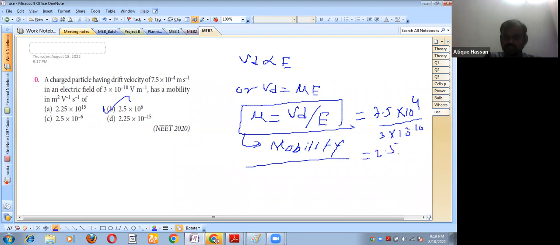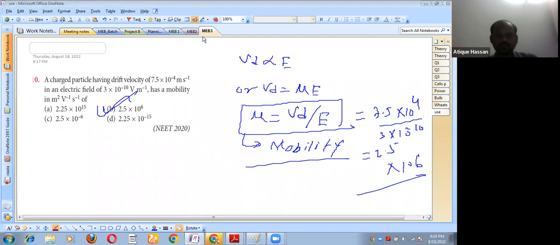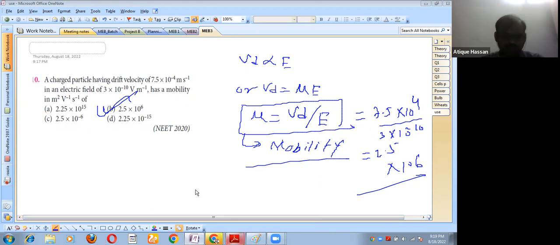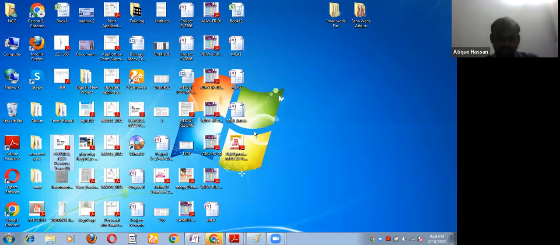So we have 2.5 into 10 to the power 6. Right? So B is the correct one. Let us do some JEE questions based on that. Then we will move to the next concept.